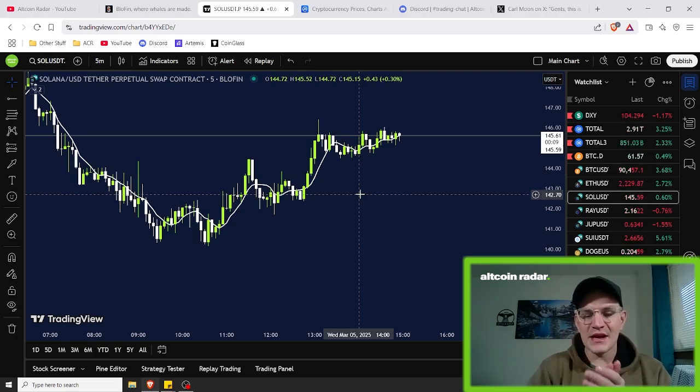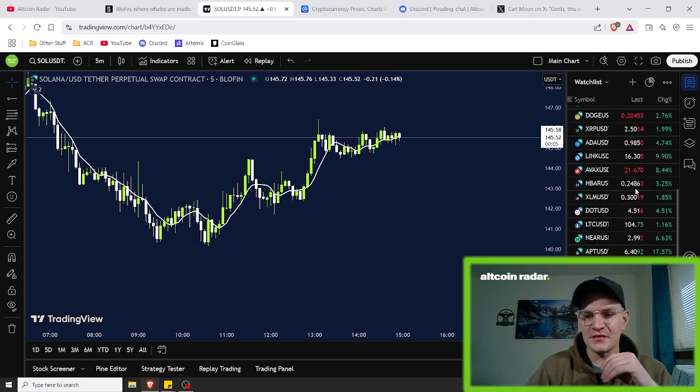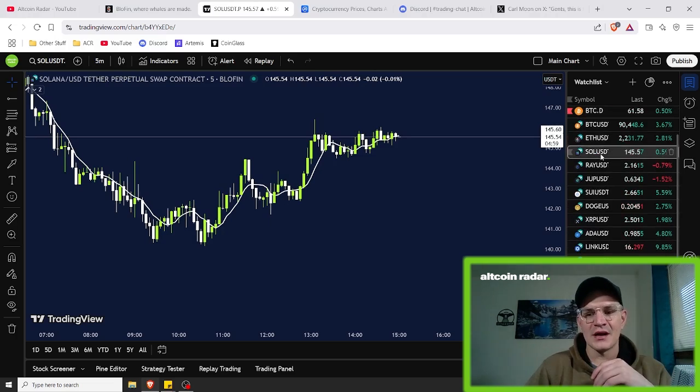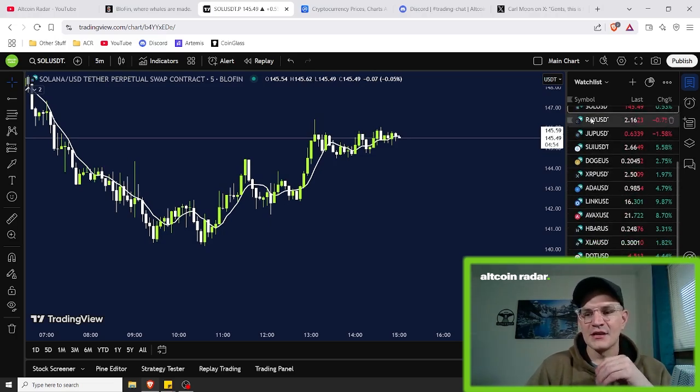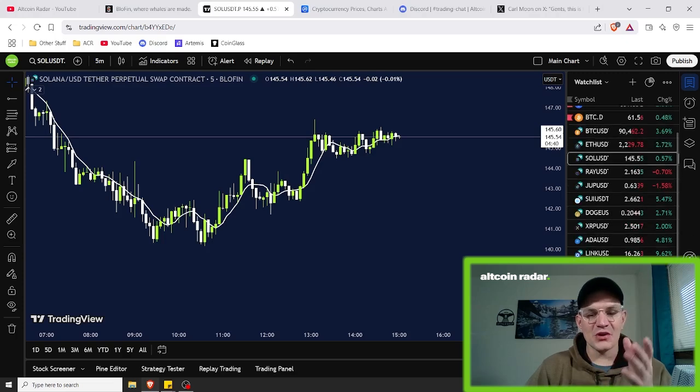The main coins that I trade on a regular basis are pretty much coins that are within the top 20, 25 by market cap. As you guys can clearly see by looking at my watch list here, I've got Solana, Radium, well, Radium and Jupiter aren't part of that, but Solana, Sui, Doge, XRP, Cardano, Chainlink, Avalanche, HBAR, Stellar, DOT, LTC, Near, Aptos, Ondo, pretty much all the top tier coins.